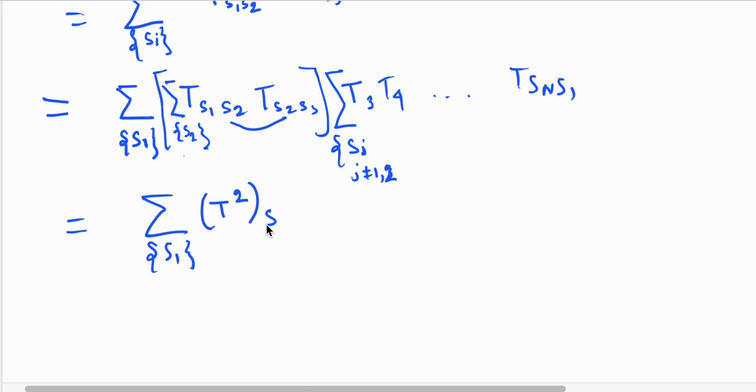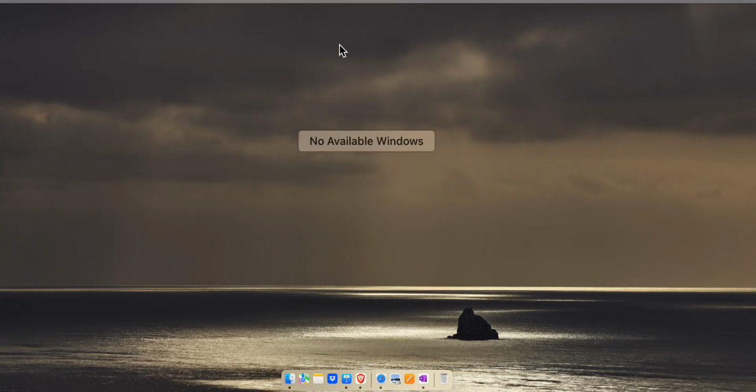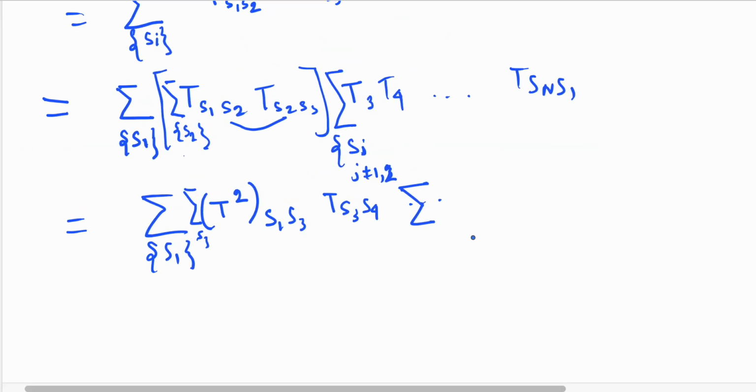What will be the element? It will be (S1, S3). Now again I will sum over S3, and this will be T(S3,S4) and so on, with a summation over j not equal to 1, 2 and 3, T(S4,S5) up to T(S_n,S_{n+1}).